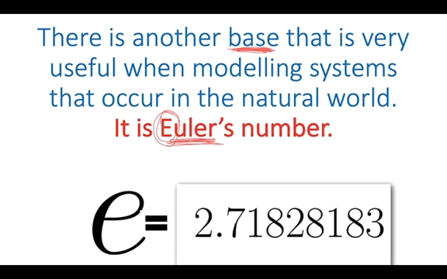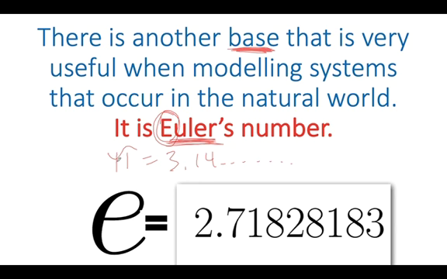And it turns out E is equal to 2.718 and so on, which is kind of similar to another number we've seen, pi, which was equal to 3.14 and so on and so on.